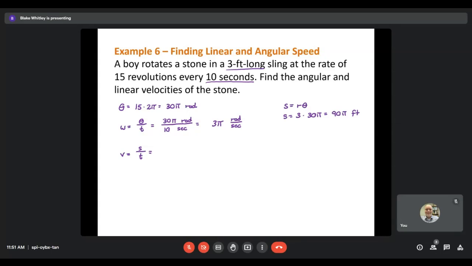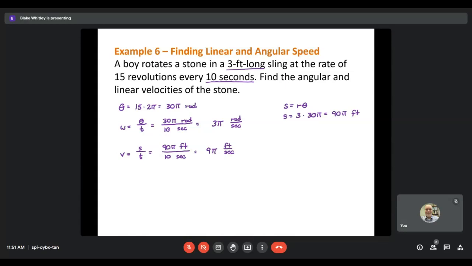And now if we go to calculate our linear speed, we're going to take that S value that we just calculated, 90 pi feet. We're going to divide by the amount of time, which is 10 seconds. And when we divide 90 pi by 10, that should just give us 9 pi. And again, our units, we have feet per second.